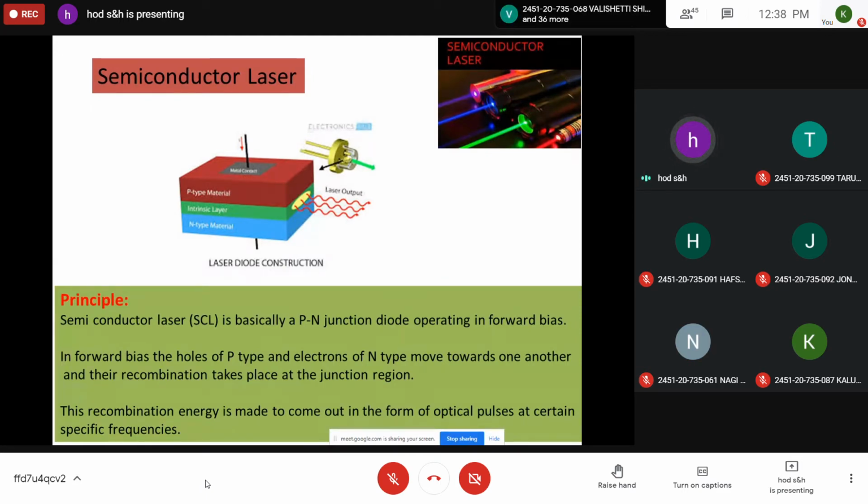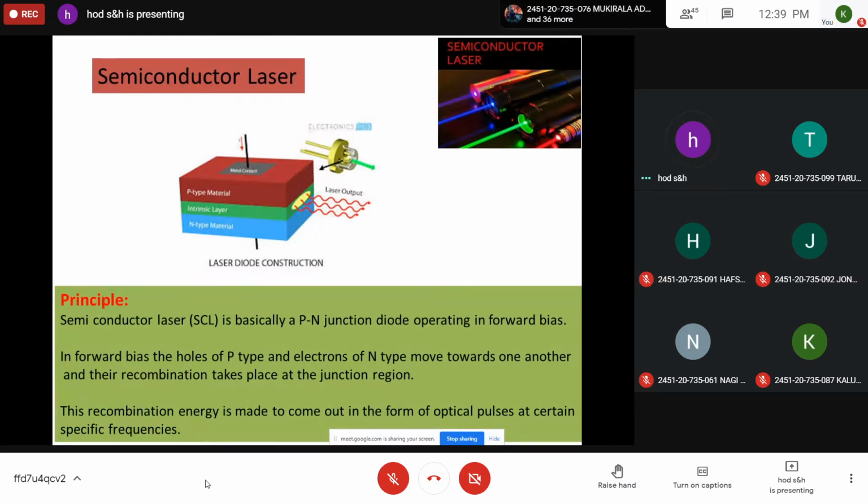The electron will be in the conduction band, the hole in the valence band. So the recombination takes place. Whenever an electron transfers from the conduction band to the valence band, what happens? It gives off energy. Here it gives the energy in the form of optical pulses, which are nothing but the laser. So this recombination energy comes out in the form of optical pulses at certain specific frequencies.